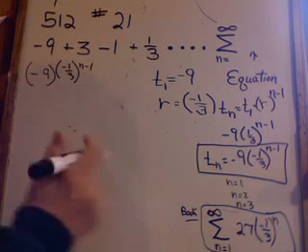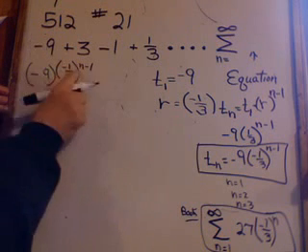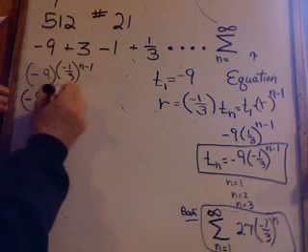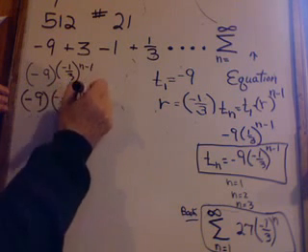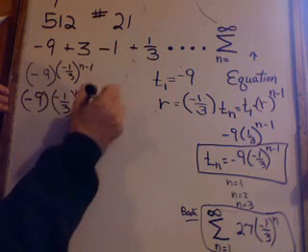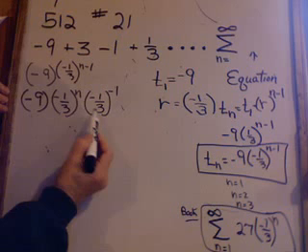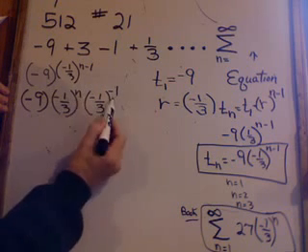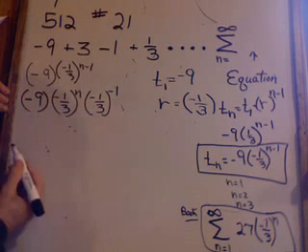So let's see how we can rewrite these problems. So using the exponent rules, I'm going to rewrite negative 1/3 to the n minus 1 as negative 1/3 to the n times negative 1/3 to the minus 1. Now, remember, if the bases are the same, I add the exponents. So if I add n and minus 1, I get n minus 1. So I'm going backwards using the exponent rule.